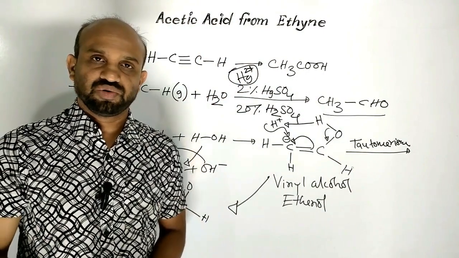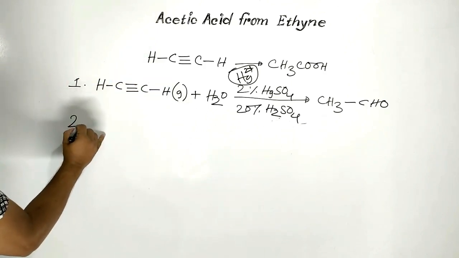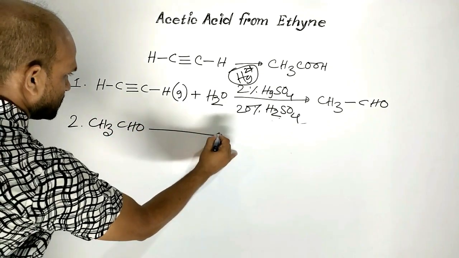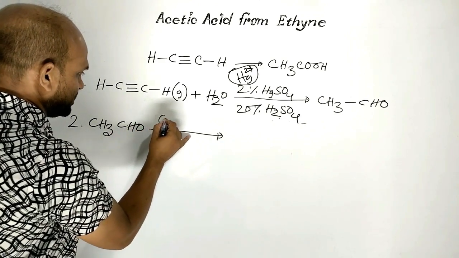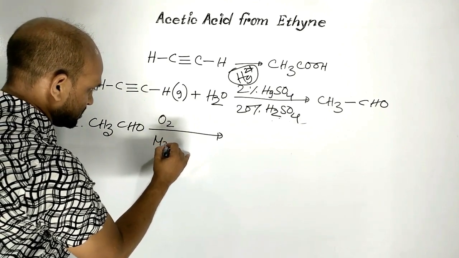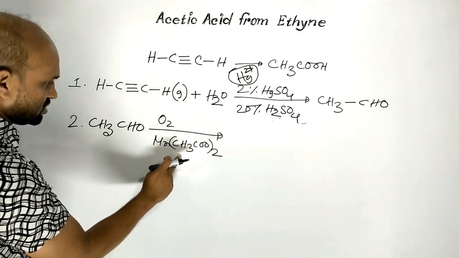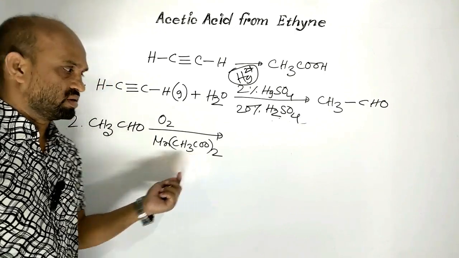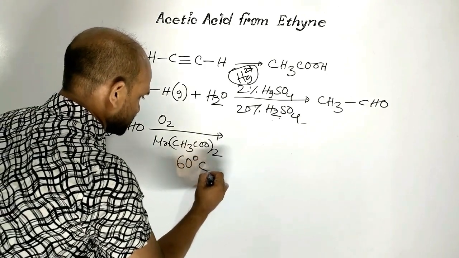Now let us see step 2, through which acetic acid is formed. Step 2. Acetaldehyde. In step 2, acetaldehyde is oxidized by air in presence of manganese acetate. This is manganese acetate or manganese 2 acetate, and this reaction mixture is heated at 60 degrees Celsius temperature.